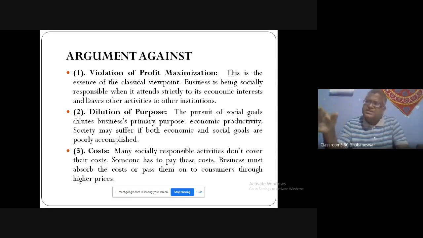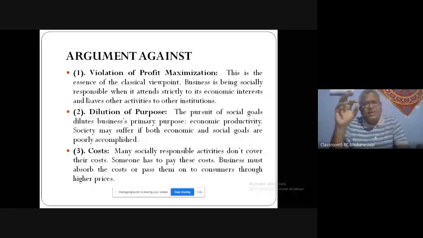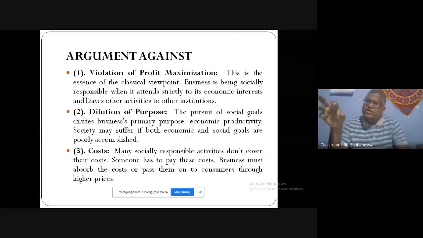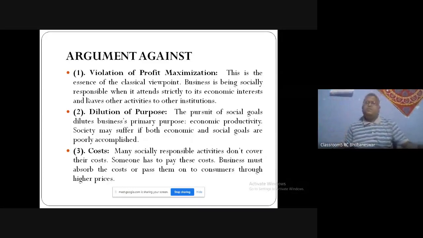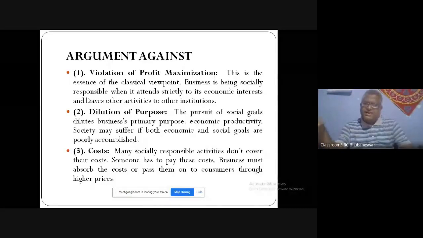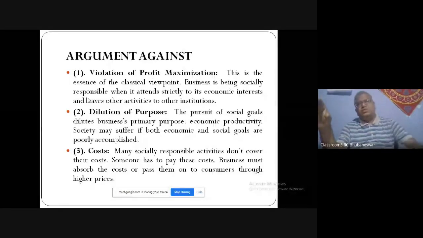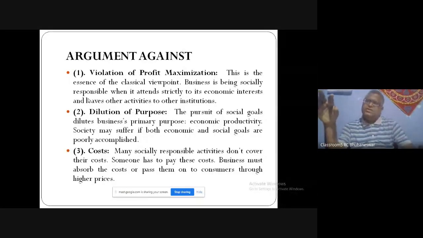But nowadays it has changed. It is not only profit, it has a service motive. So the main objective of managing the business is not only profit maximization, but also wealth maximization, which is an important criterion in a particular business.